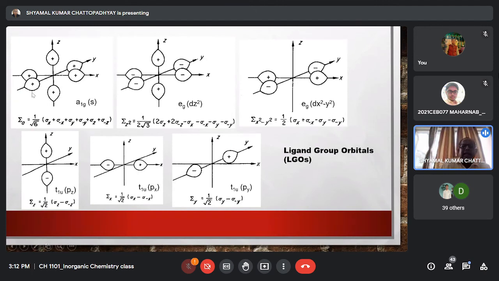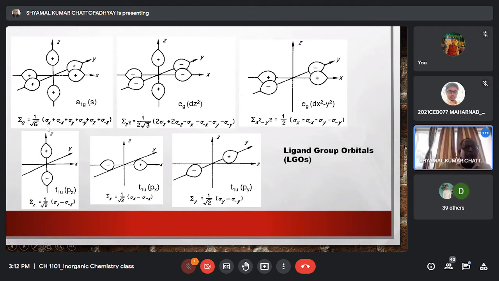So we have mixed 6 ligand orbitals, and the 6 ligand group orbitals are shown here. You see in the first ligand group orbital, how it is combined. We have equal proportion of sigma x plus sigma minus x, meaning the ligand orbital located at the minus x point, plus y minus y plus z minus z.